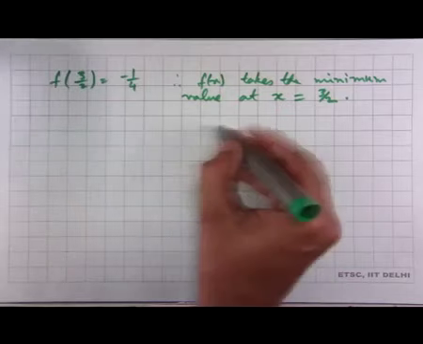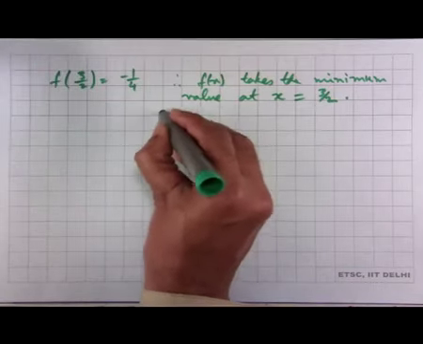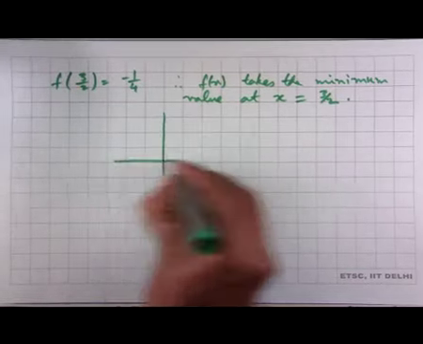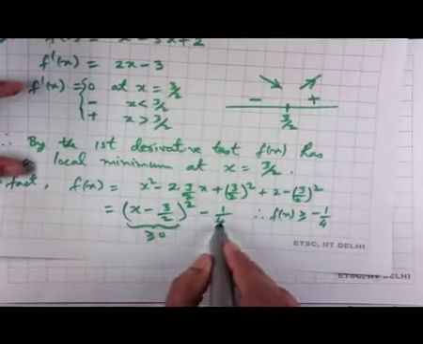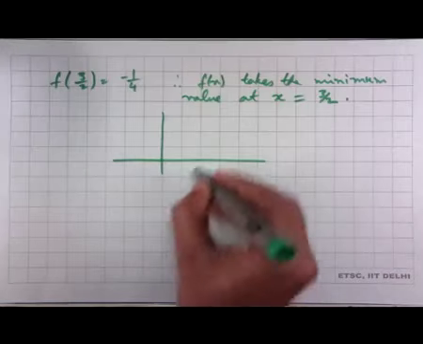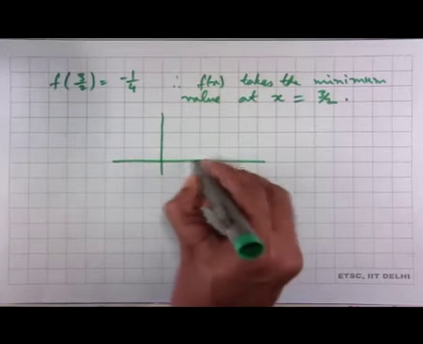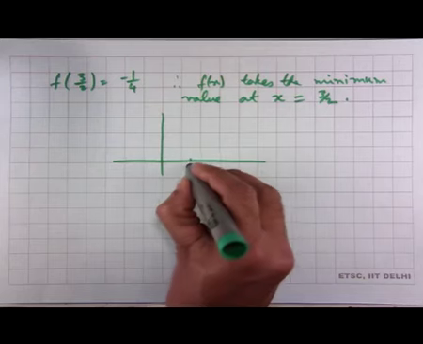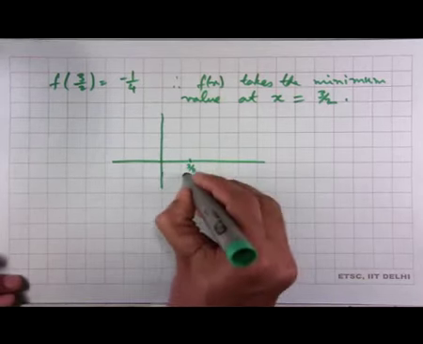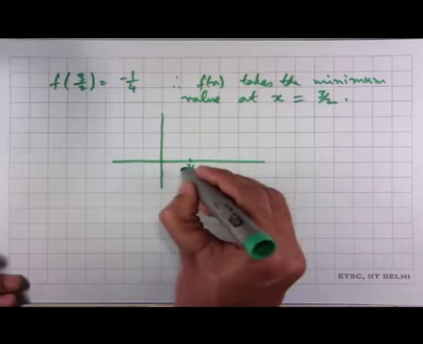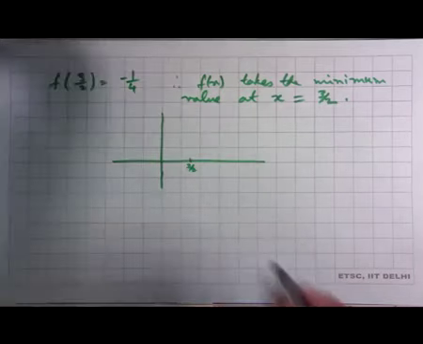Here if you draw the graph, this f x is equal to x minus 3 by 2 square minus 1 by 4. So, at x equal to 3 by 2, this takes the value minus 1 by 4, and you can plot this. This is a parabola.